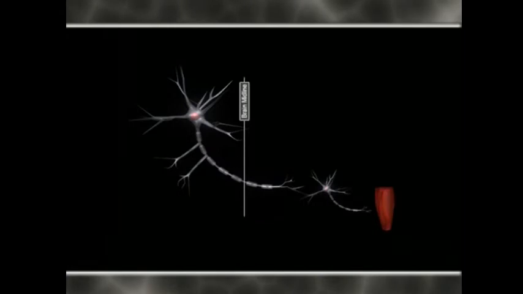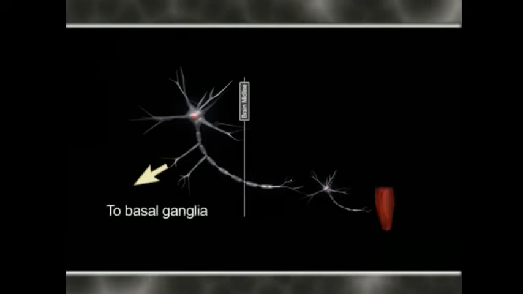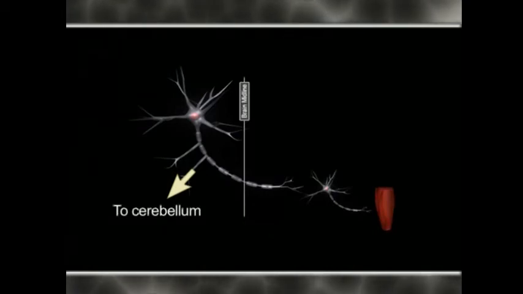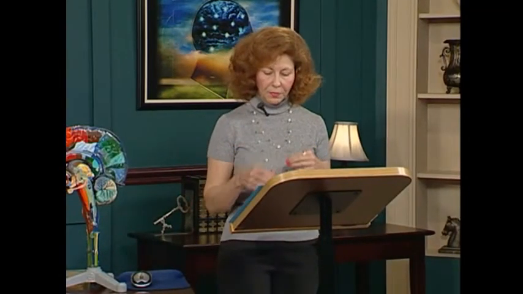Remember, there are thousands of them. This neuron is going to send an axon which is going to communicate with the basal ganglia and tell the basal ganglia what movement it's going to initiate. And you also see that other axons are going to eventually reach the cerebellum, which is the third part of the motor system. Now, I want you to think about this.